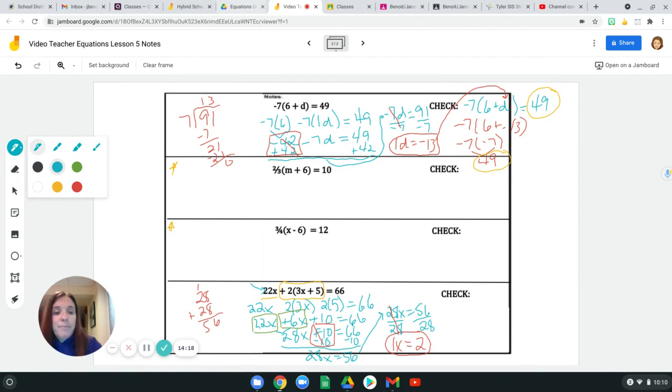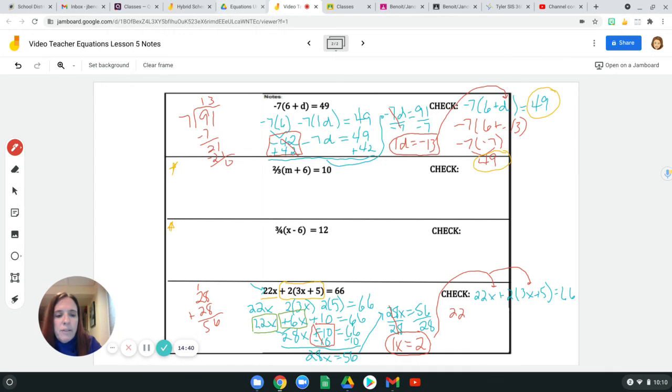Now I'm going to check it. When I check it, I rewrite the original equation just as it was. And I'm going to substitute that 2 wherever there is an x. So I'm actually going to do it in 2 places this time.